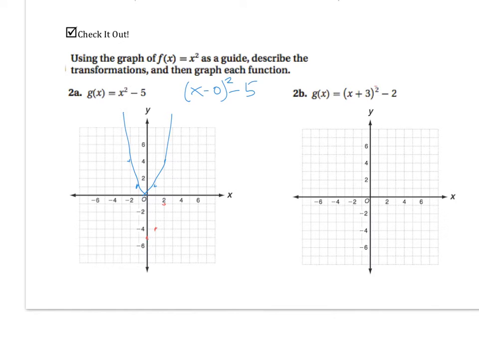So it would look like this. And you see that it is symmetrical in nature. So this would be just 5 units down. So find your h, find your k, graph your parent function in one color, and then graph your transformation.